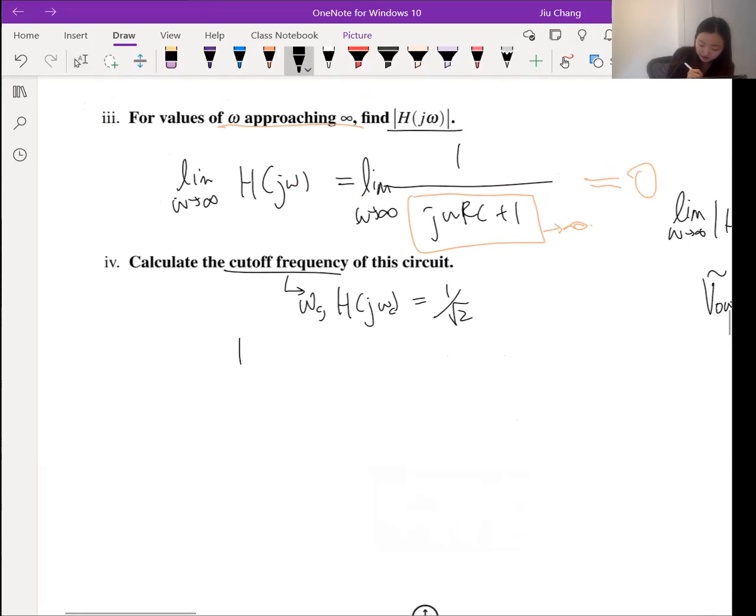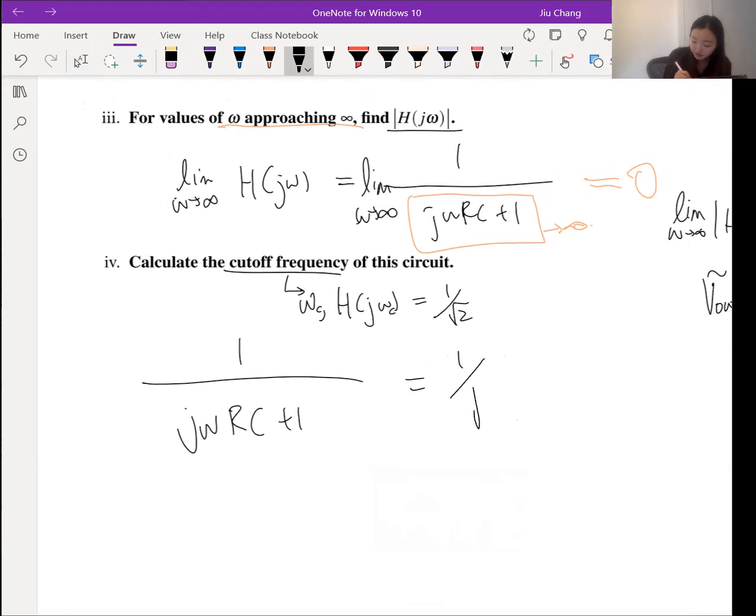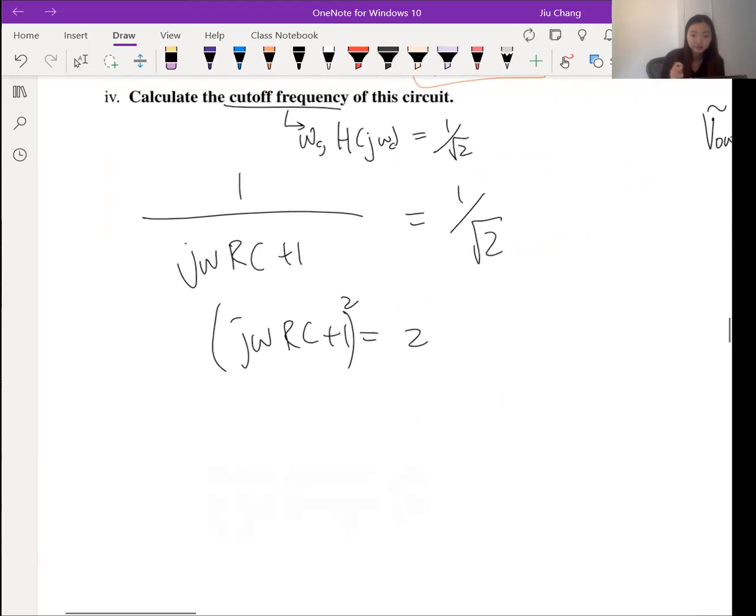We know that our transfer function is just 1 over j omega RC plus 1, equating this to 1 over root 2. We want our j omega RC to be 1. Oh, sorry. Plus 1 equals root 2. So we want the square of this to equal 2.